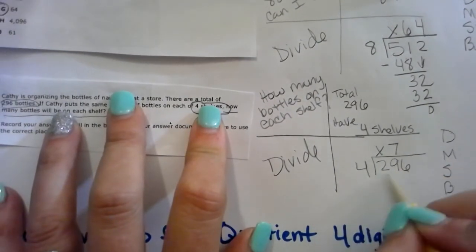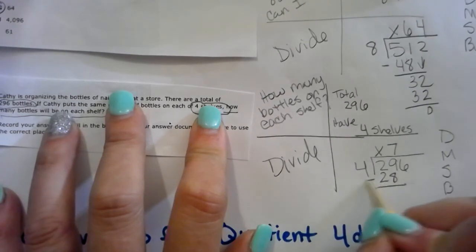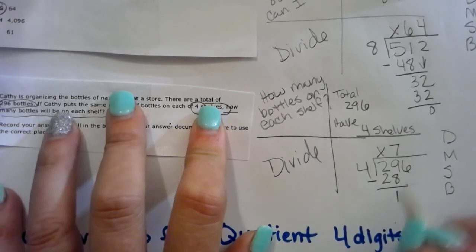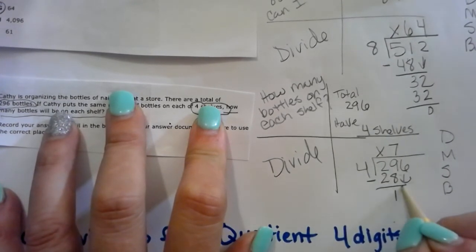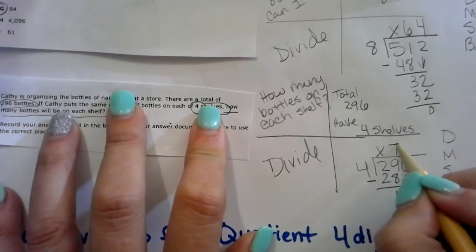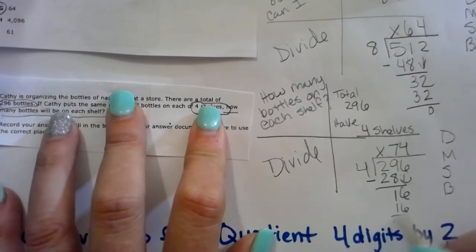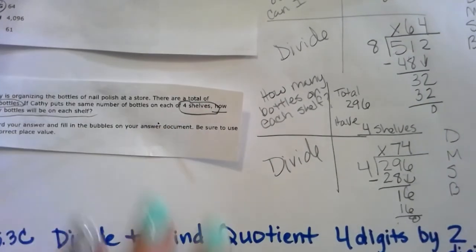So 7. 7 times 4 is 28. I'm going to subtract 29 minus 28. It's going to leave me with 1, right? 28, 29. I can count up, or I can subtract. Drop down that 6. And 4 goes into 16 4 times, because I know 4 times 4 equals 16. I subtract and I have nothing.